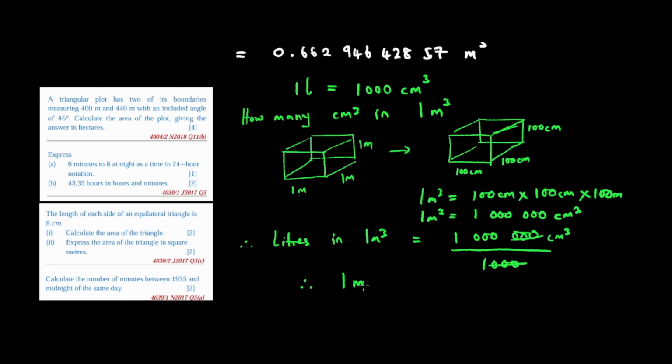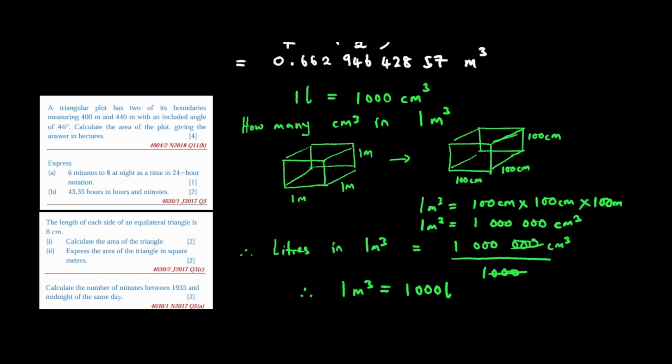Therefore 1 cubic meter is equal to 1000 liters, because 1000 cubic centimeters ndo liter. Taona kuti 1000 liters.